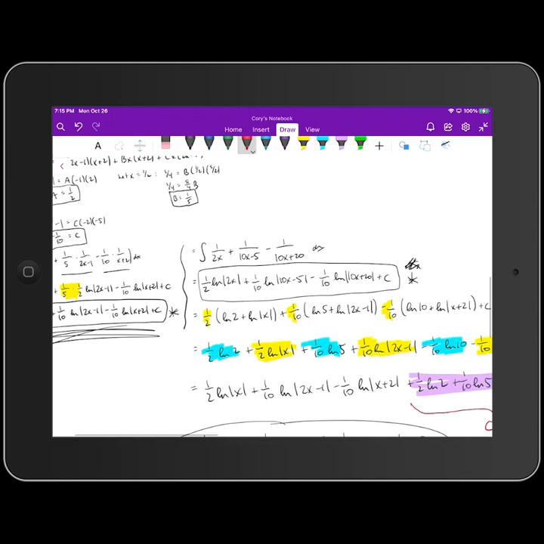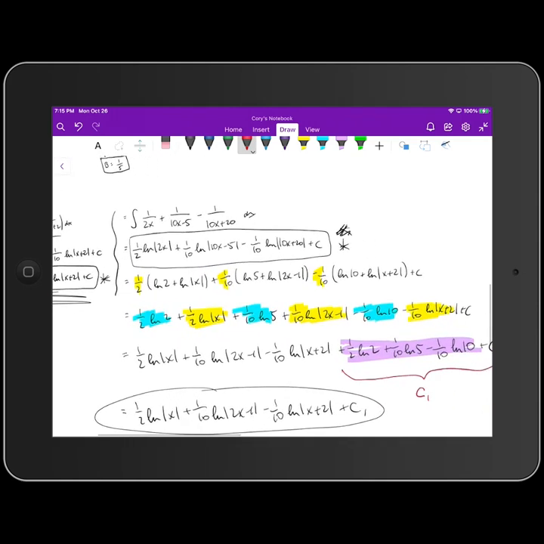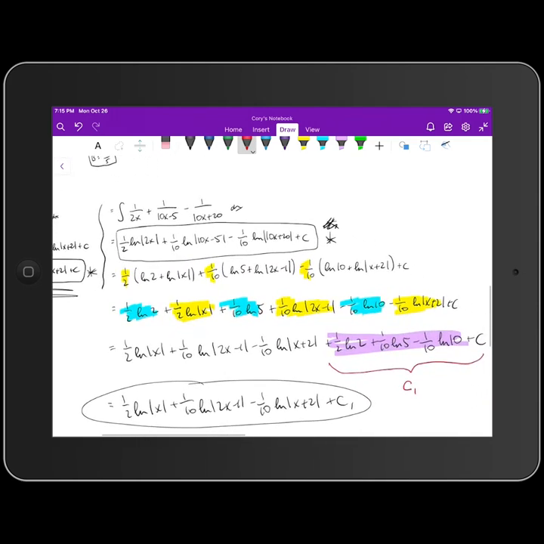When I take the antiderivative that we came up with on the right-hand side, I'm going to use my log properties to rewrite each of these integrals. So when we have 1/2 the natural log of the absolute value of 2x, I can use my log properties because the argument is 2x.